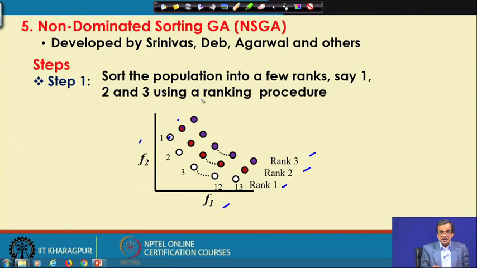Now, if we consider the average fitness of rank 1 solutions, rank 2 solutions and rank 3 solutions, it indicates that the average fitness of rank 1 solutions will be better than that of rank 2, and the average fitness of rank 2 solutions will be better than that of rank 3 solutions and so on. Now, if I go for the reproduction scheme to get the mating pool, there is a possibility that in the mating pool there will be more solutions belonging to rank 1, and so the number of solutions belonging to rank 1 is going to increase in the population.